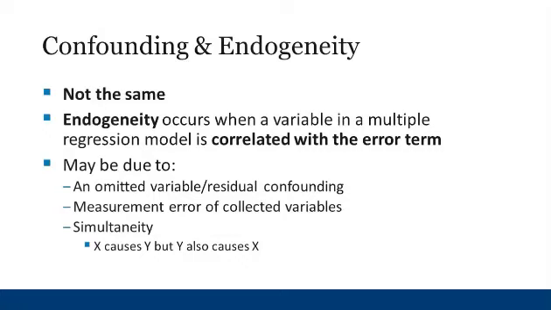And this may be due, and I think this is partially why people tend to use them synonymously sometimes, endogeneity can be due to an omitted variable, which is actually residual confounding at times. But endogeneity can also be due to measurement error of collected variables, and also simultaneity, which is when X causes Y, but Y also causes X. So you end up in this loop.